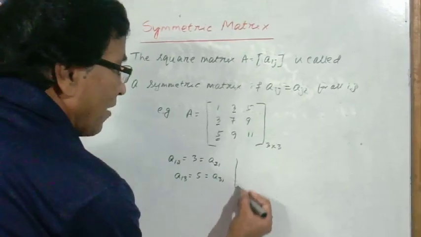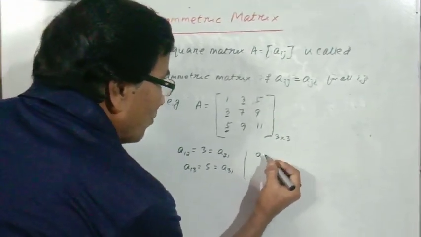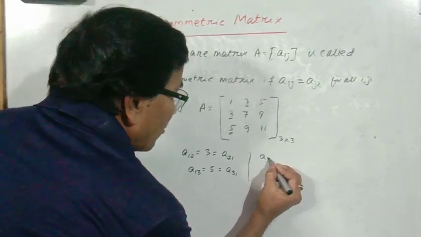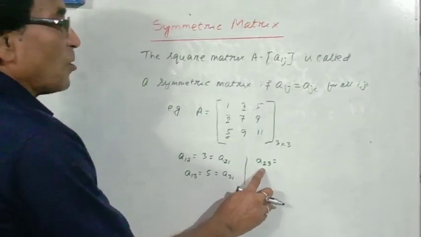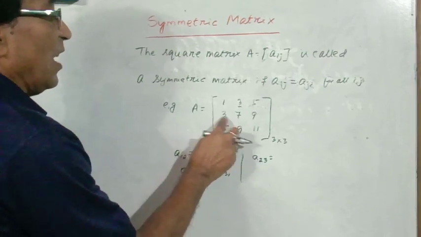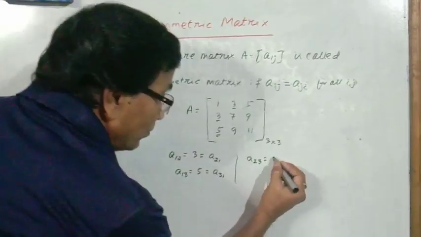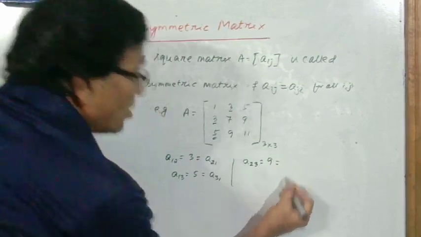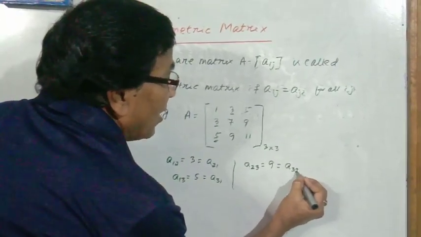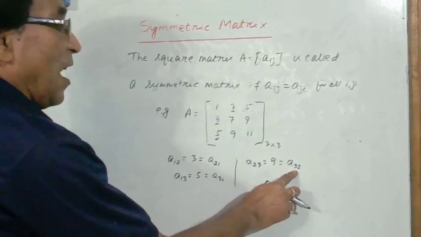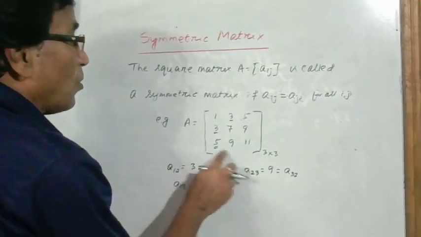Similarly, if I take the A23 element, that means it belongs to the second row, third column, that is 9. Which is equal to A32, which belongs to the third row, second column.